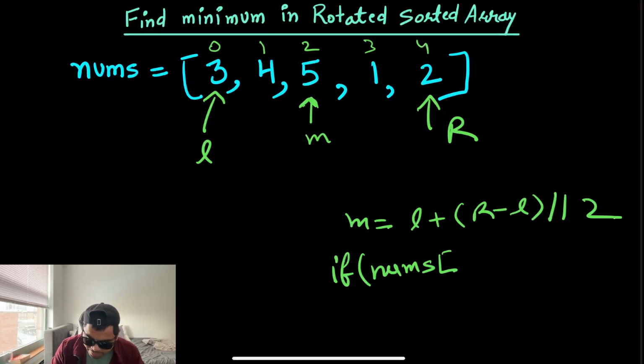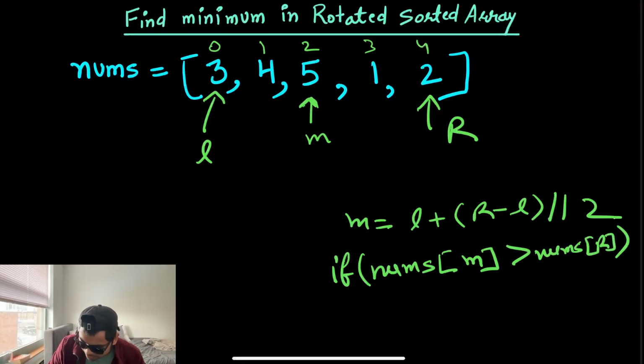So if the mid element that I just found is greater than my right, that means what? This can never be my minimum element. So what do I do? If this cannot be my minimum element, I need to move my left pointer to mid plus 1.